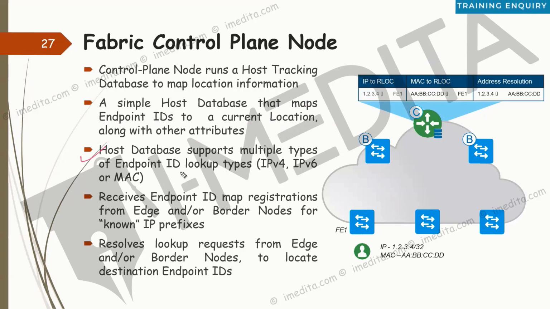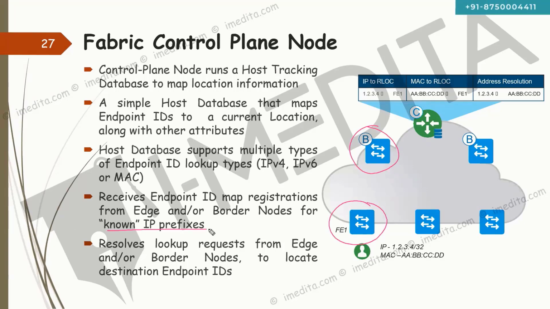A host database supports multiple types of endpoint lookup, such as IPv4, IPv6, MAC. So IP to RLOC mapping, MAC to RLOC mapping, IPv6 to RLOC mapping, all those things will be there. This control plane node is going to receive the registration requests from the Fabric edge node and also from something called a border node. It receives endpoint ID to RLOC mapping registration requests from the Fabric edge node and from the border node.